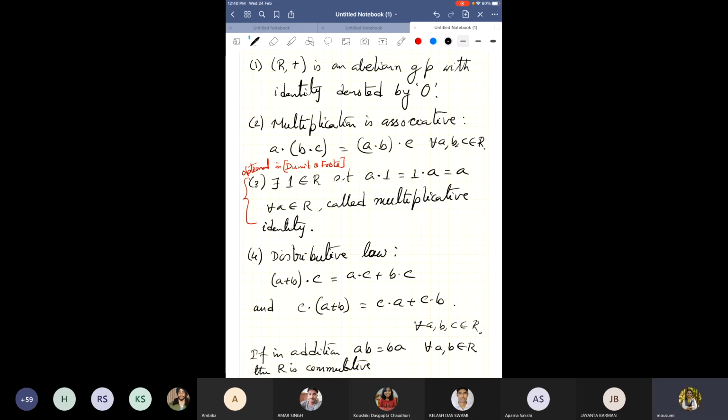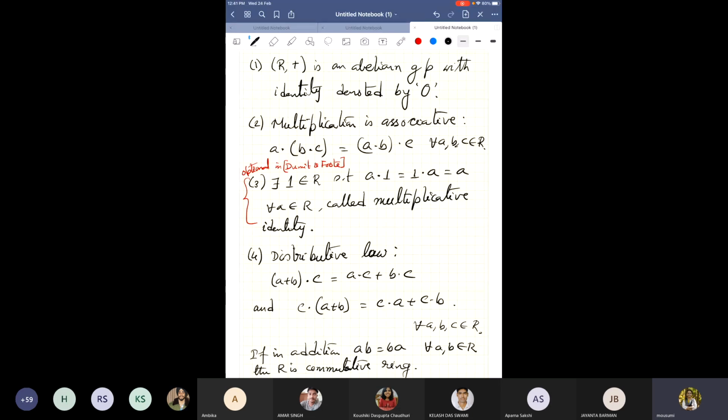This is also a very important property, and the whole subject of commutative algebra is developed on assuming the commutativity of the ring. So in this course also, most of the time we will assume our rings are commutative rings, because then many nice things happen. We get some nice structures in some of the cases.